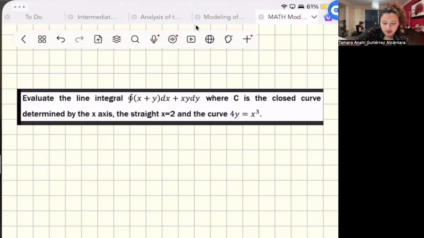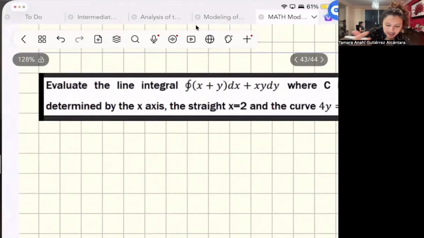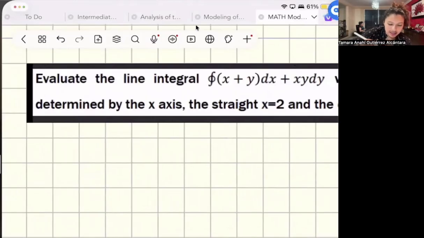First we need to know what the boundary C looks like, and it is formed by the three lines that the problem gave us: the x-axis, which is y equals 0, the vertical line x equals 2, and the curve y equals x cubed, which we're going to rewrite as y equals x cubed over 4.